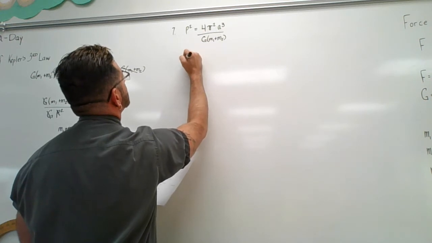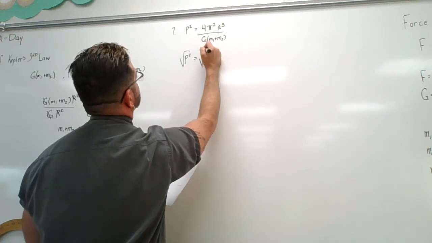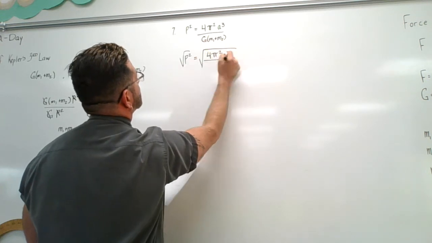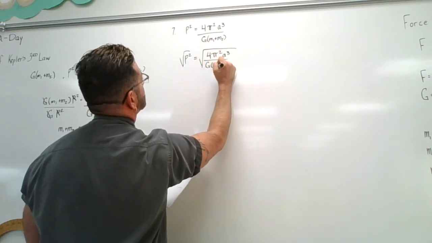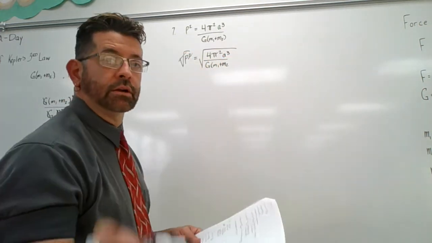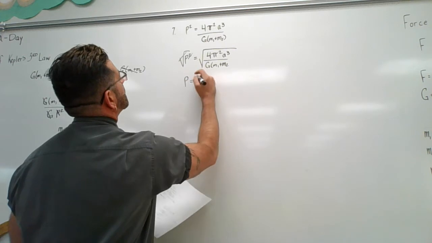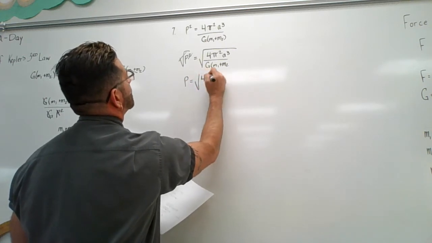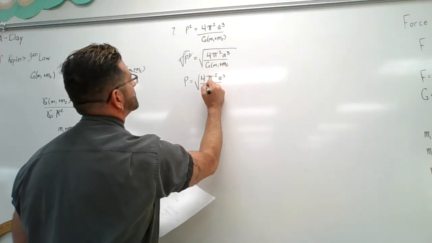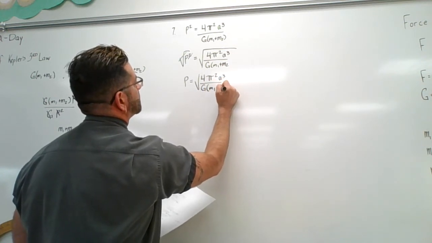So we have to take the square root of P squared and the square root, because we did it to one side of the equation, we have to do it to the other, of 4 pi squared a cubed divided by G M1 plus M2. These cancel. The square root will cancel the square. They're the opposites of each other. And we end up with P equals the square root of 4 pi squared a cubed over G M1 plus M2.